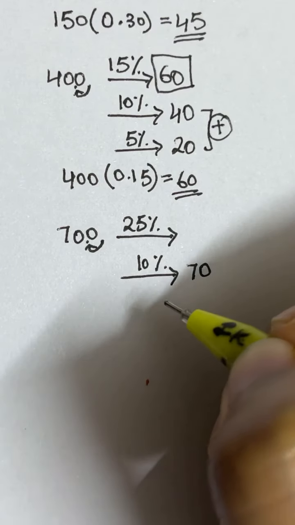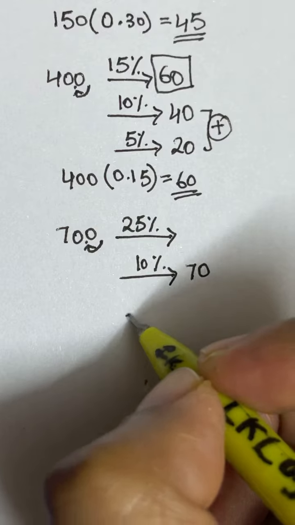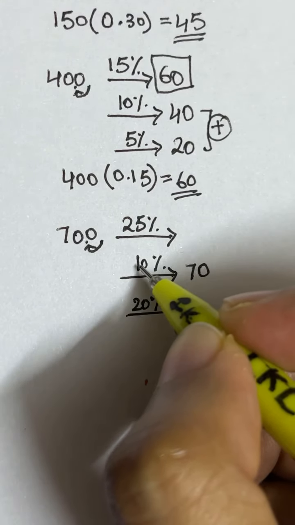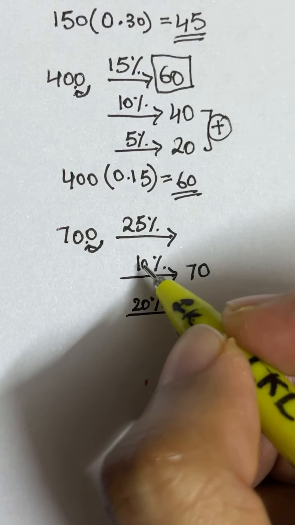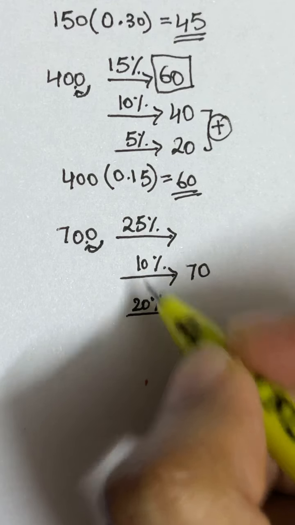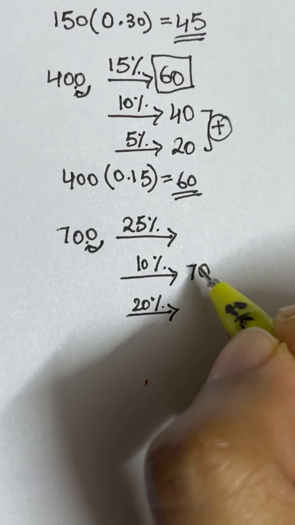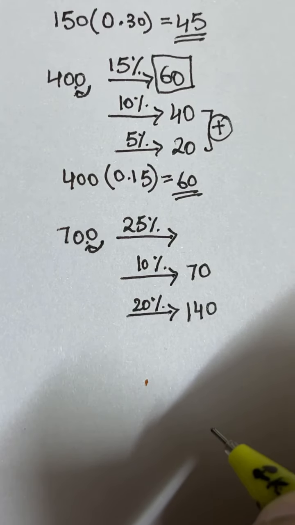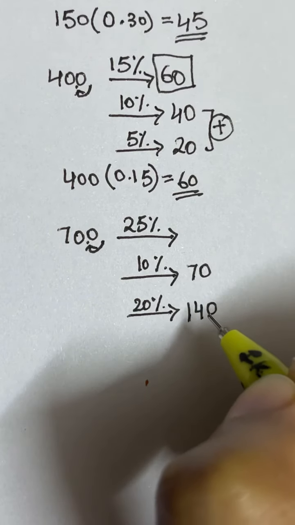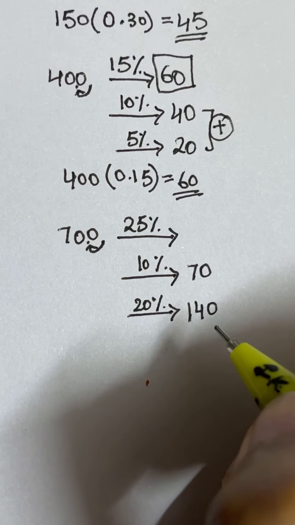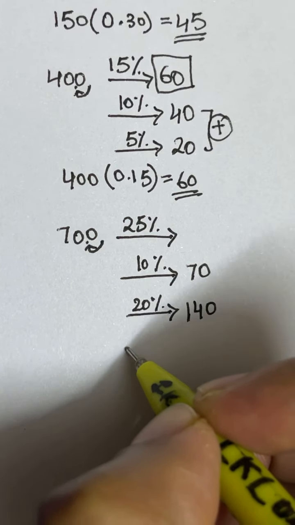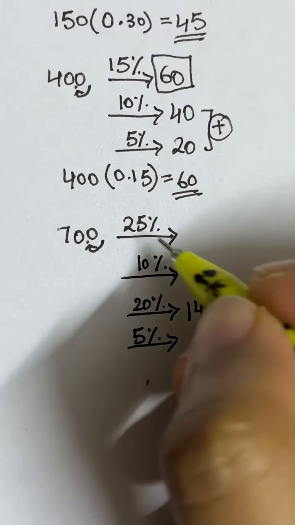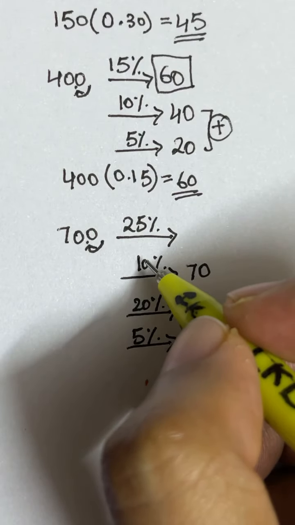And now next we are going to find 20%. So what will be 20% of 700? It's easy. It's just twice 10. That means you just multiply 2 with 10, and you get 20. So multiply 2 with 70. 2 times 7 is 14. So you're going to have 140. So 20% of 700 is 140. And next we are going to find out 5%. 5% is just half of 10%.